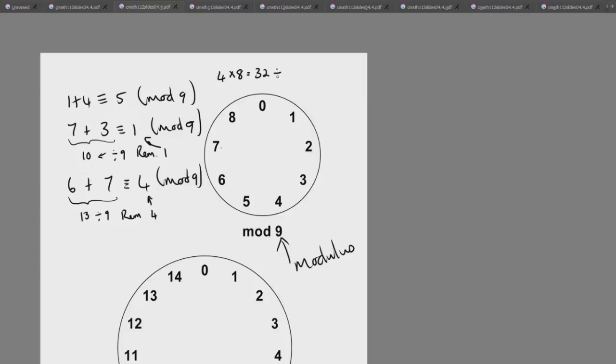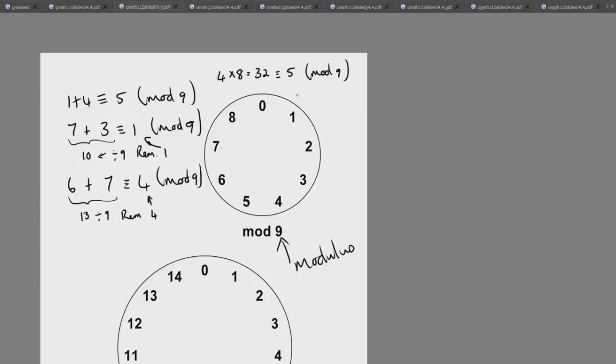If I divide that by 9, how many are left? Well, 32 will make 3 full loops of 9, and that uses 27. So 5 are left, and therefore I will end up at 5 if I've taken 32 steps around. Therefore, 4 times 8 is 5 mod 9.